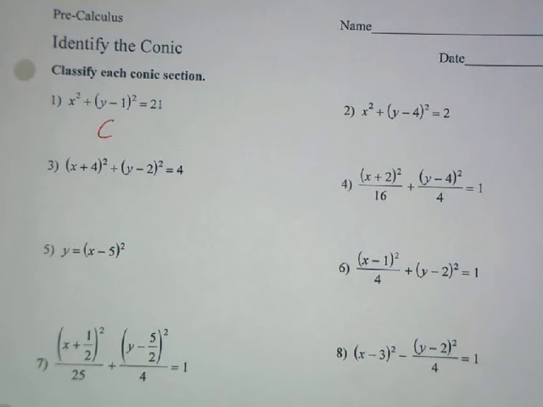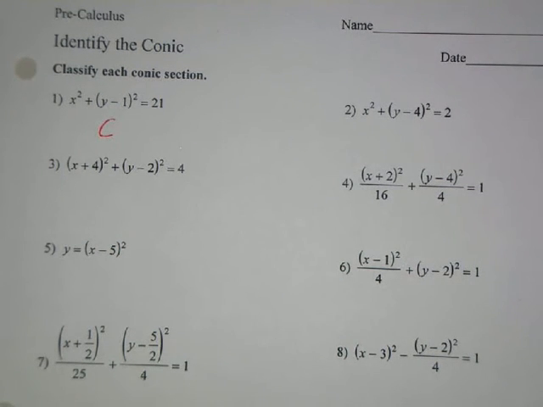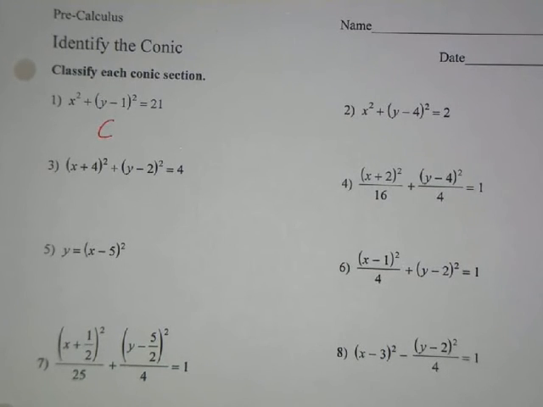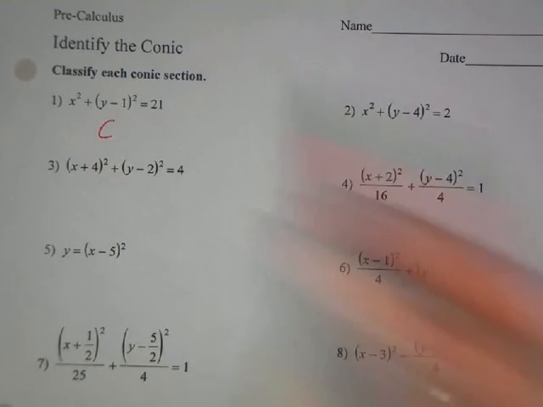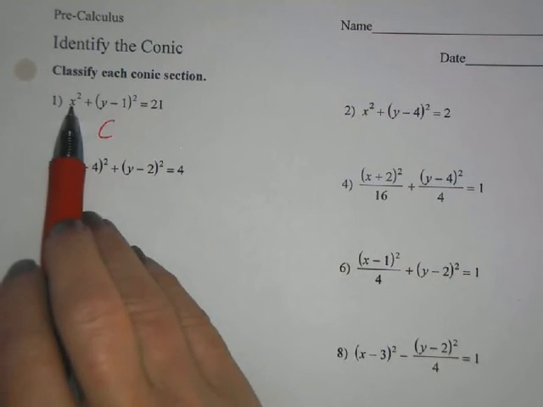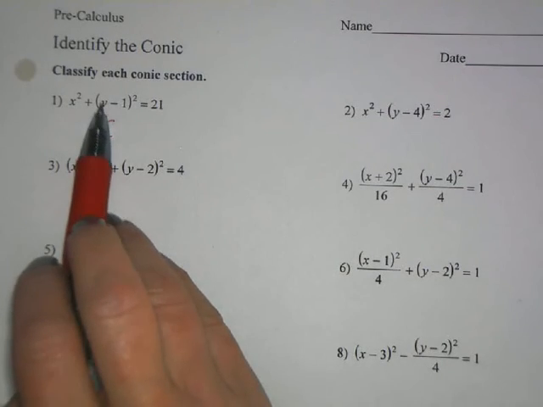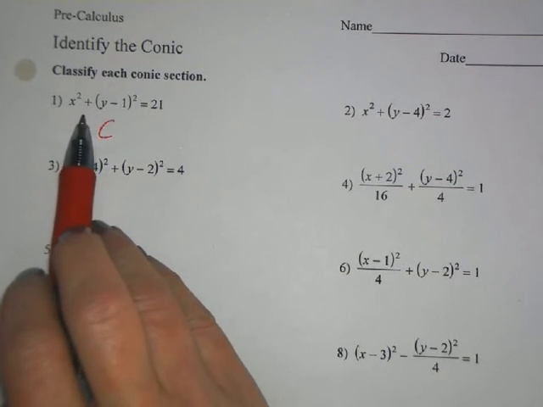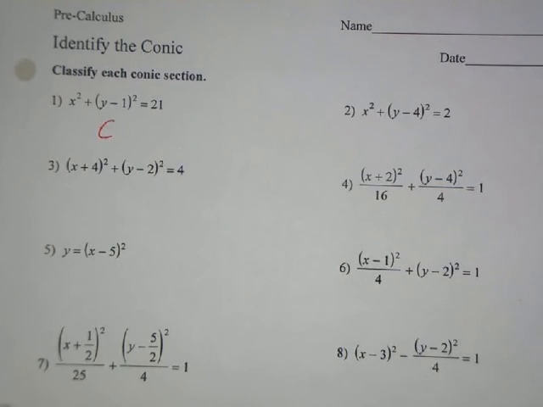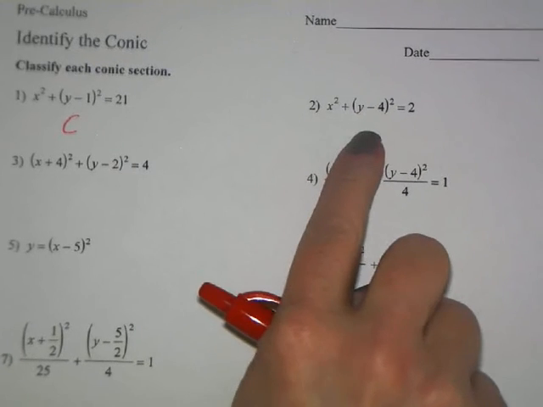So we have H is 0, K is 1, and the radius is the square root of 21. If I squared it out with the definitions I had, I would have an x squared and a y squared. They both have a coefficient of 1. They're both positive. Circle.